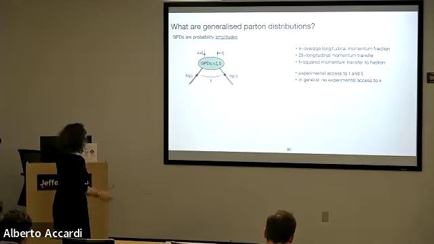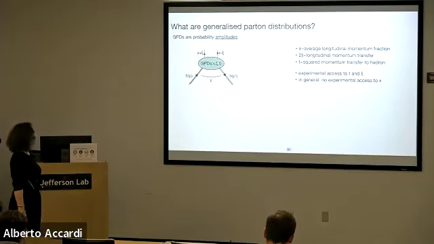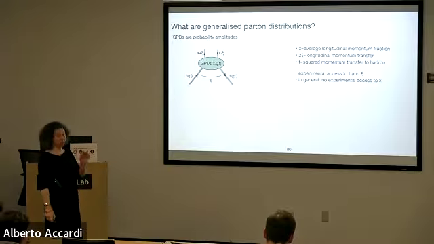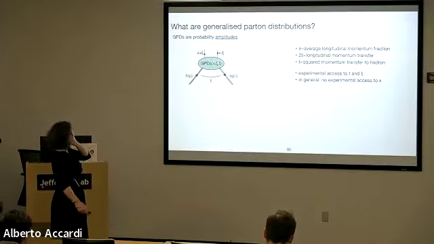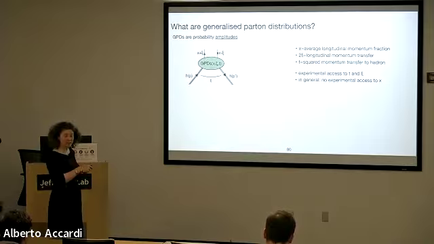Okay, so we have these generalized parton distributions. What these are are probability amplitudes, not probability densities. So again, they don't have a probabilistic interpretation. They are probability amplitudes to extract a parton with longitudinal momentum fraction x plus xi, and then to absorb a parton with longitudinal momentum fraction x minus xi.